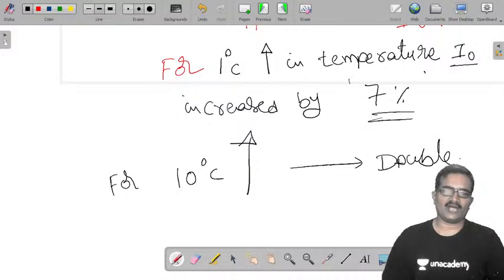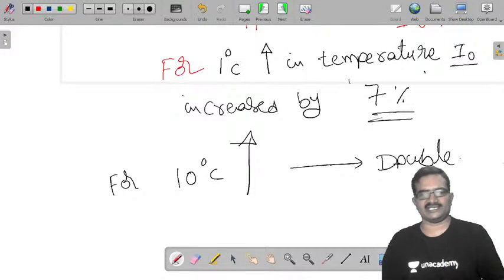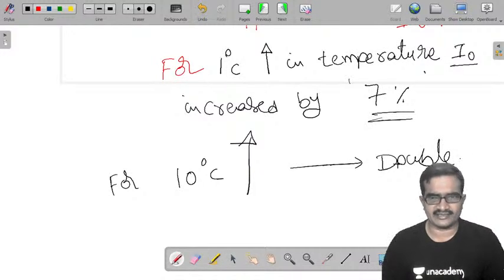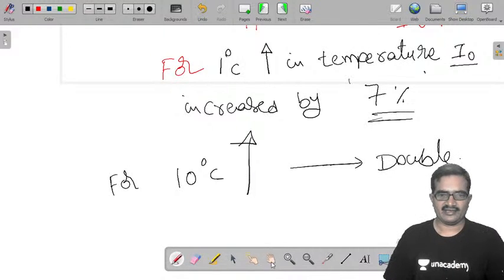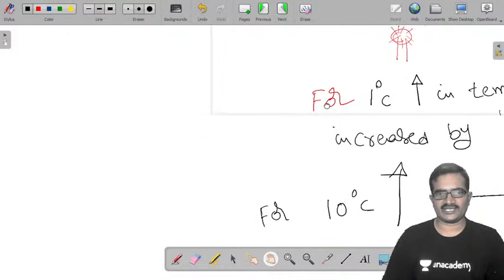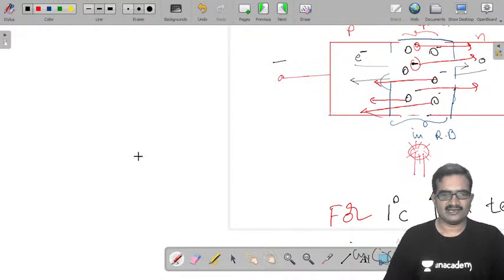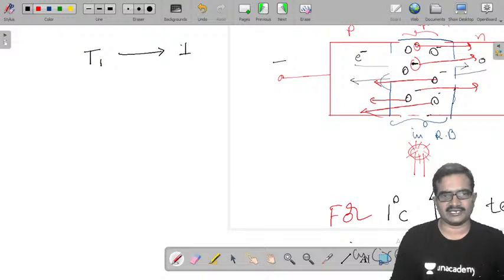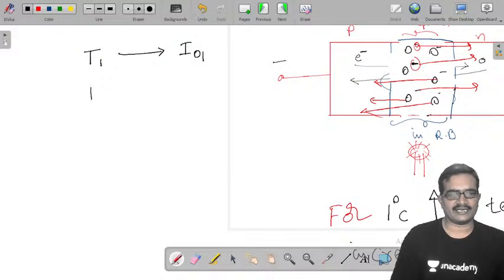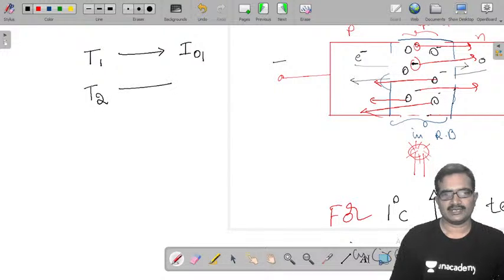Now you may ask one thing, sir, for example, temperature is increased only 2 degrees centigrade, 5 degrees centigrade, 12 degrees centigrade, then what is the value of I naught? How can we calculate? There is an equation for that. Let us take at temperature T1, I naught value is I naught 1, and at temperature T2, I naught value is I naught 2.